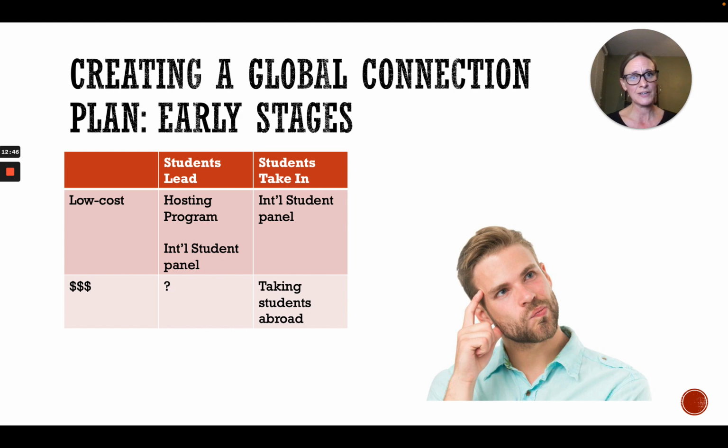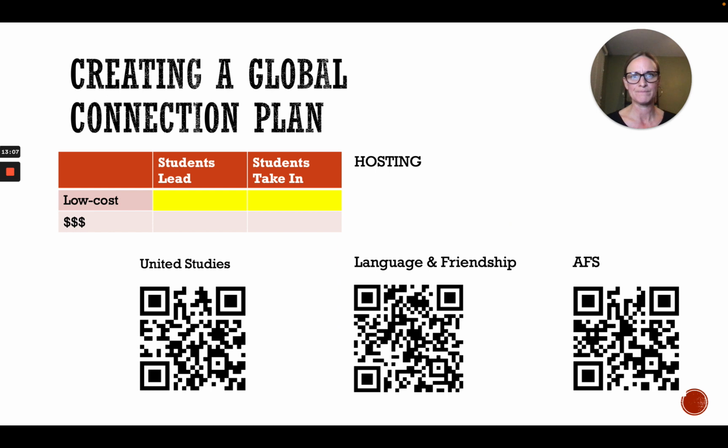So the initial grid, initial global connection plan, initial way to create that spark, hopefully in students, was a little light. I thought, is it equitable? No. Does it create global ready students? Well, those things help, but I don't think I was reaching enough kids.